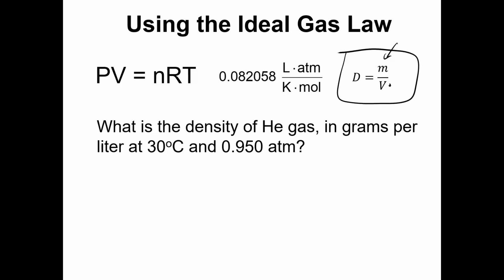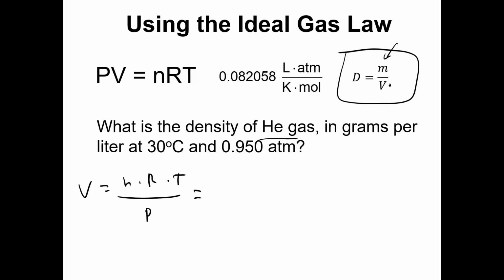So I can use the ideal gas law to solve for volume. Let's do that first, and then see how we can figure out the grams of helium. So I use V equals N times R times T over P.